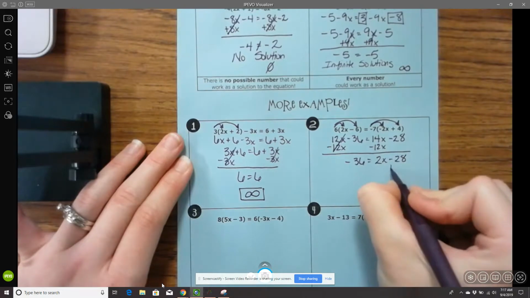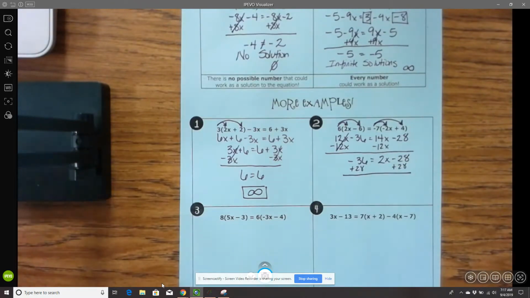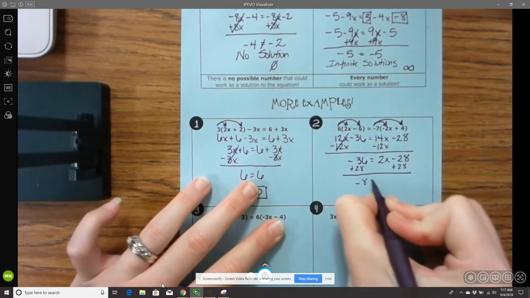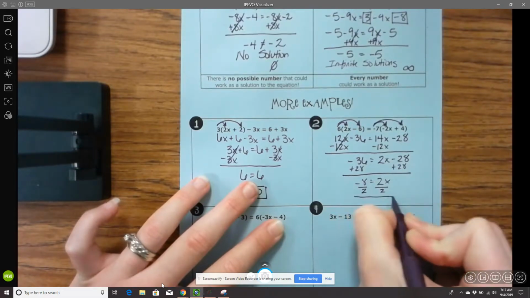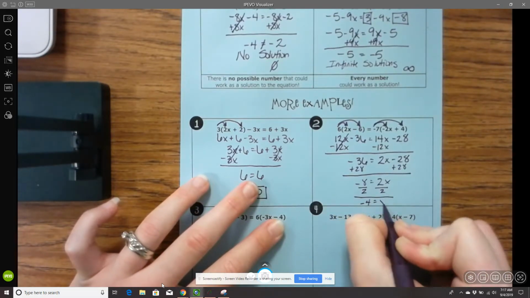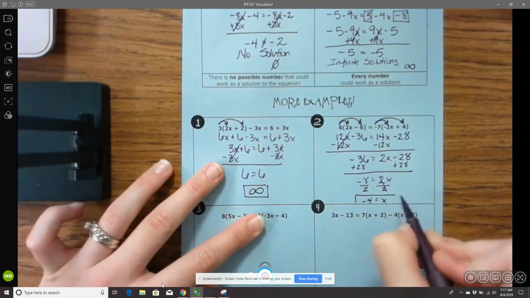And so then we can add 28 to both sides. So I get a negative 8 equals 2x. Divide both sides by 2. And I get negative 4 equals x. So that one has a solution.